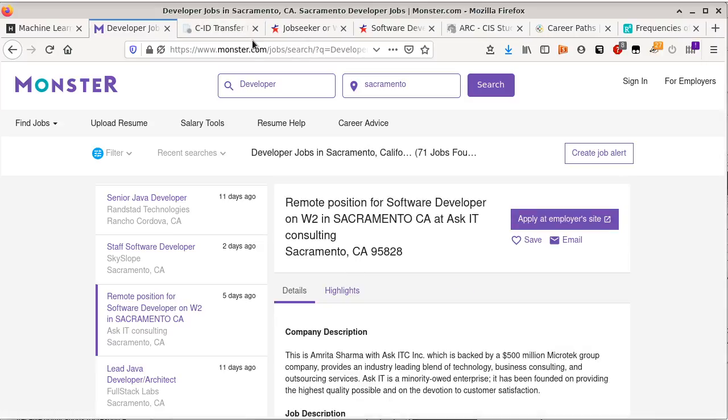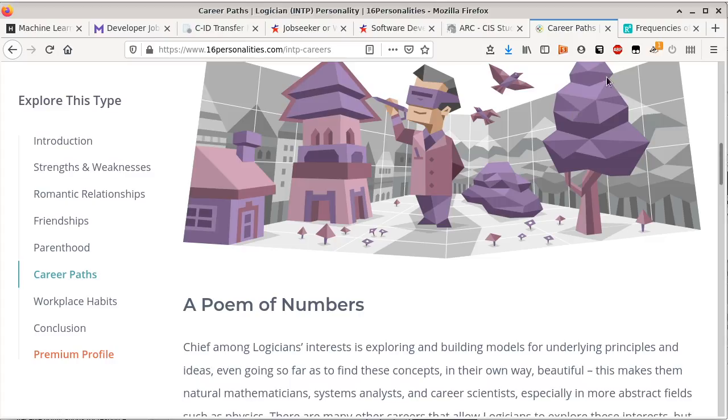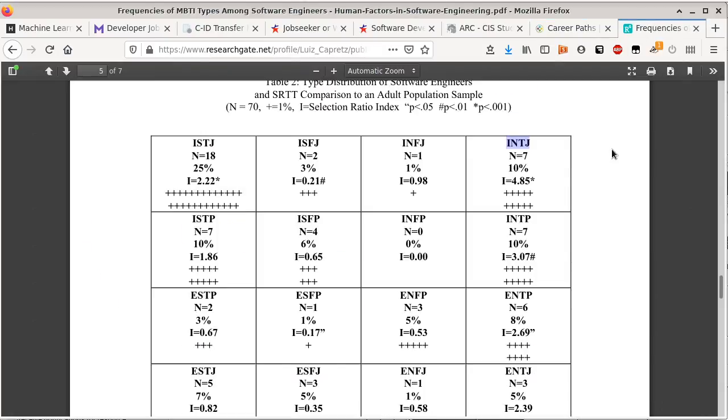All right, so let's take a step back and go back over what we have explored so far. What we have explored so far is assessment of personality types. We use MBTI for that. We look at the frequency table for software engineers, and someone can take it with a grain of salt.